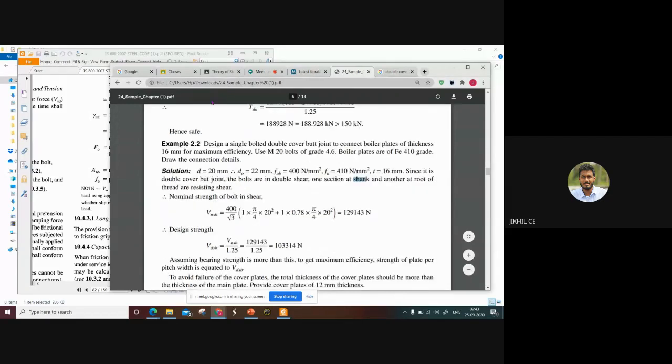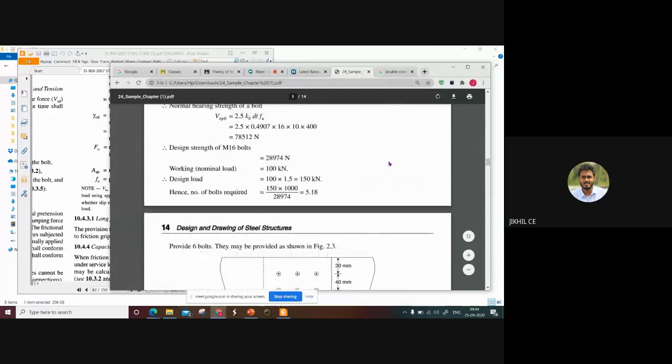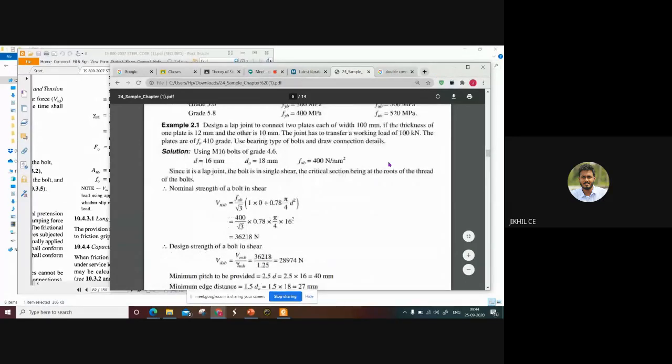So we have the equation. I'm not showing the equation again. We know the previous equation, Vnsb is equal to this. I'll show it here.